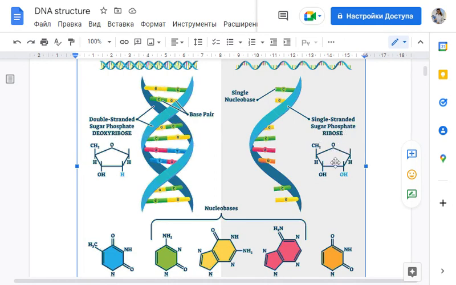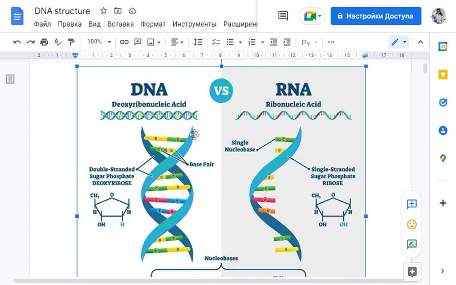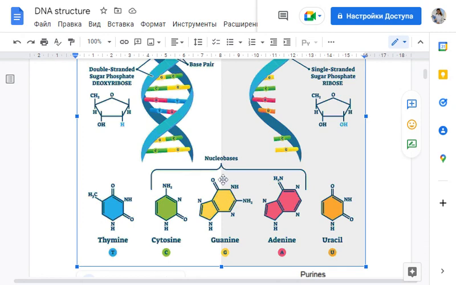And here you have ribose sugar, which contains its oxygen in place, right? And what else? They differentiate by DNA having two strands and RNA having only one strand, and by their nitrogen bases, thymine and uracil, because DNA contains thymine and RNA contains uracil base instead.